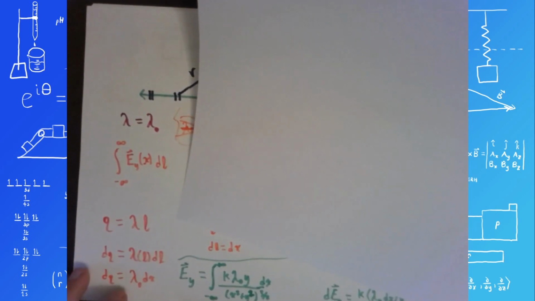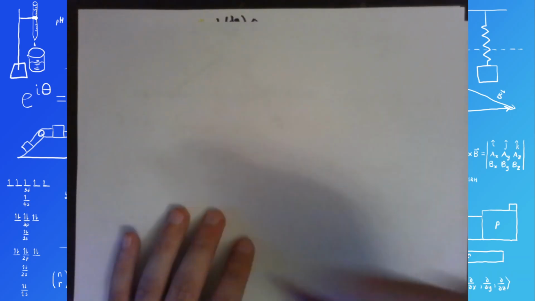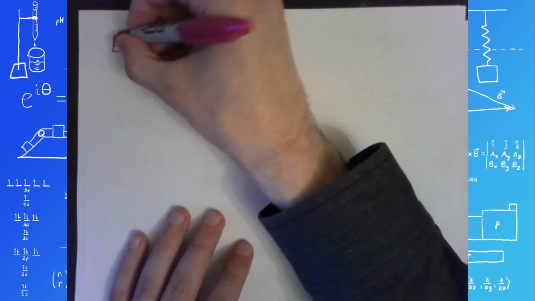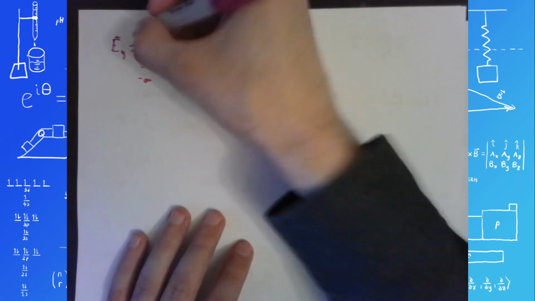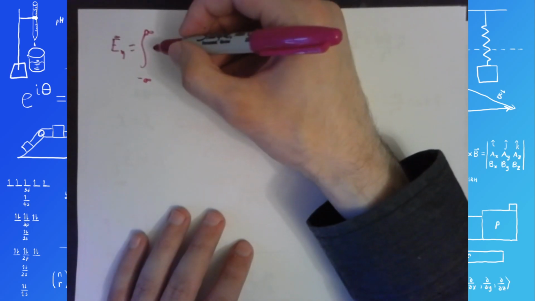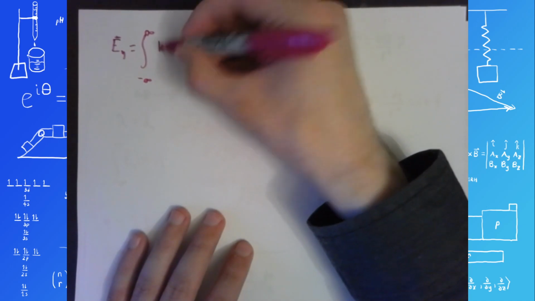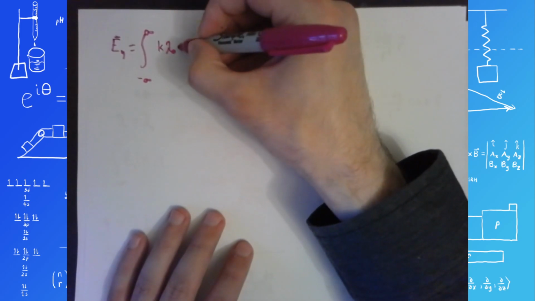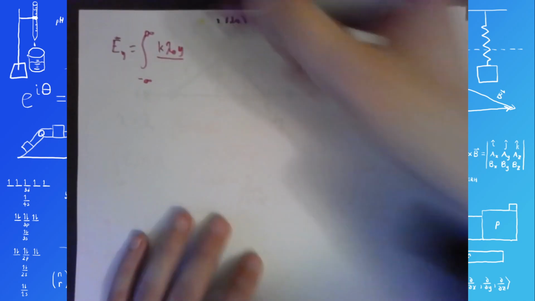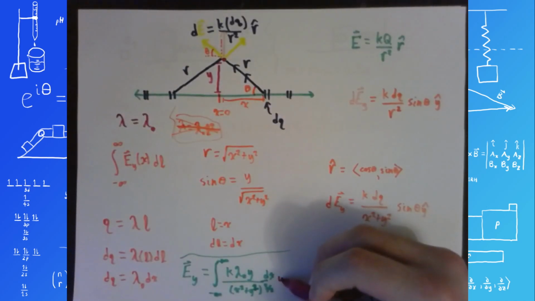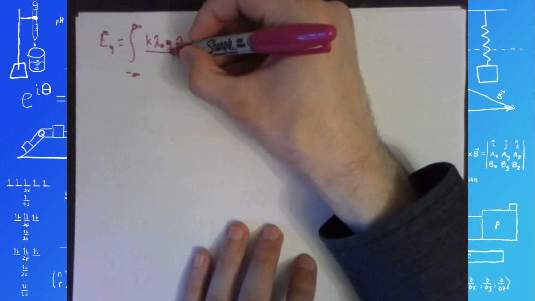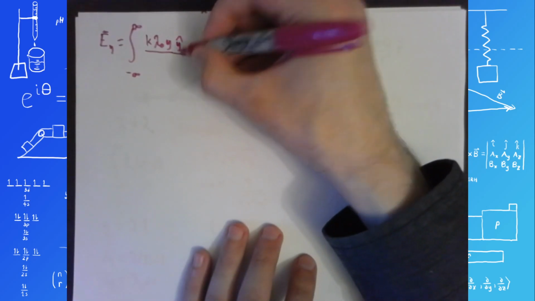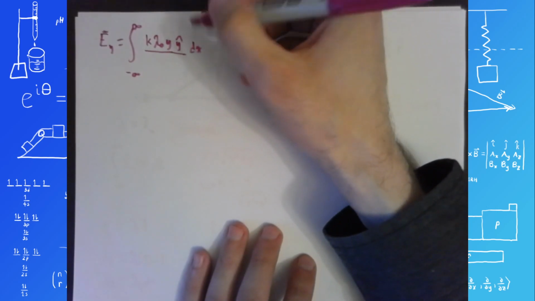Let me see, so I want to just copy down that integral. So E sub y equals the integral from x equals negative infinity to x equals positive infinity of k lambda 0 y, and I forgot the y hat there, didn't I? I mean, we know that it's in the upward direction, so I don't think it's going to be the end of the world if we leave it out of our integral.